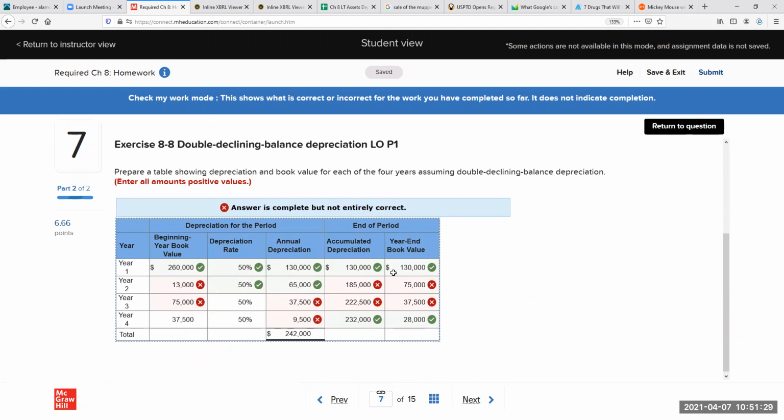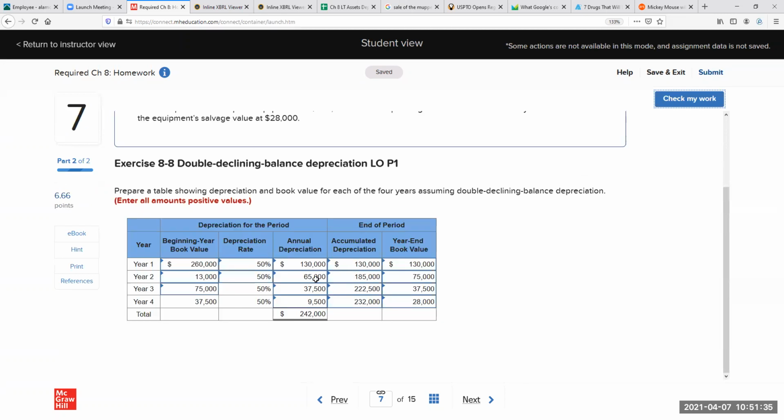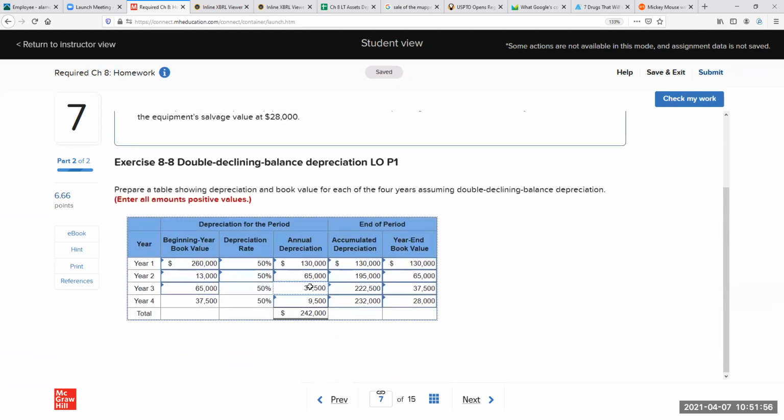See, I made a mistake there, and the mistake carried on through. So here is 195, and then over here, 260 minus the 195 is 65. And then this should have been 65, and then this would be 32.5. And then this 32.5 plus the 195 is 227.5.